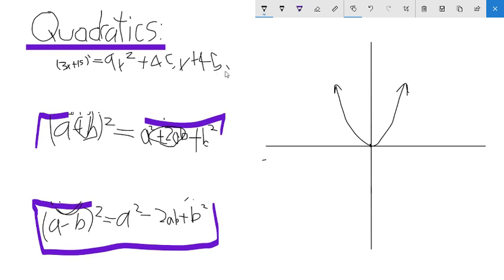And 15 squared is 225, which results in the same number as 9x squared plus 90x plus 225. Okay, well, does that apply to our pattern?